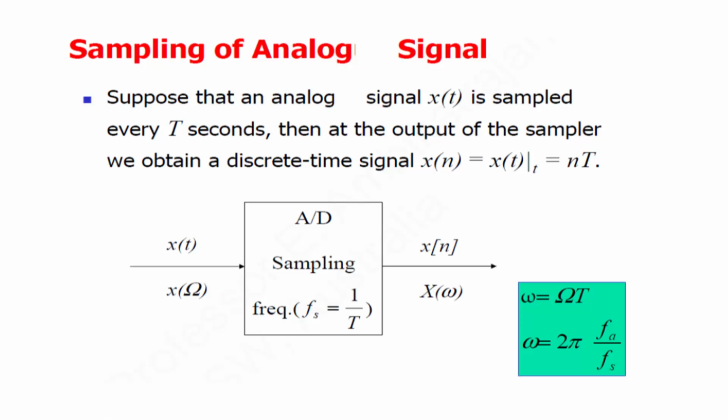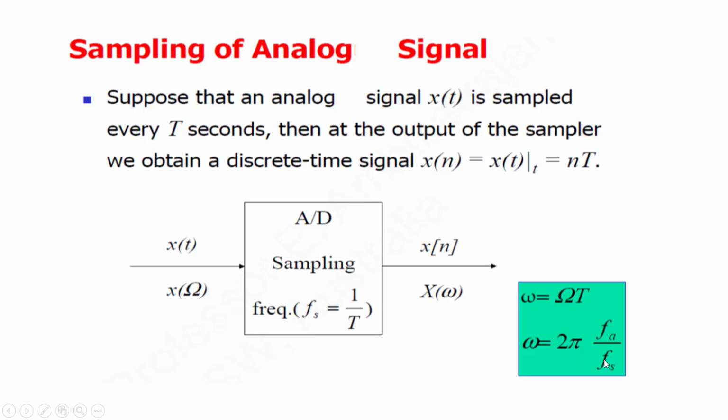All right. Now, this big omega, which is analog frequency, is 2 pi Fa. Fa is the analog frequency of the analog signal. What is capital T? We can also say capital T is 1 over Fs. This is a very important result. The digital frequency is equal to 2 pi times the analog frequency of the signal divided by the sampling frequency.